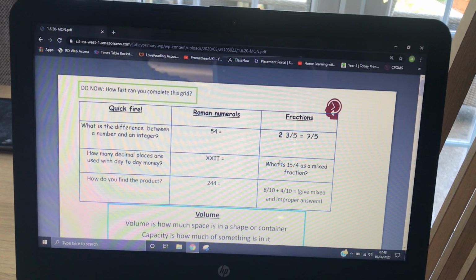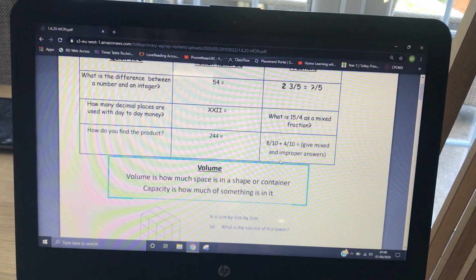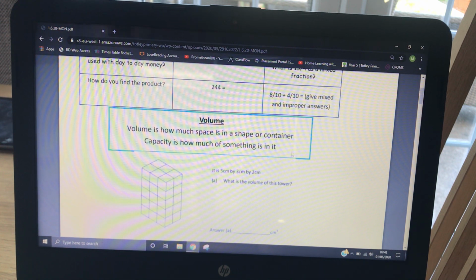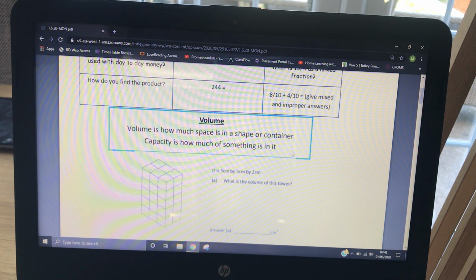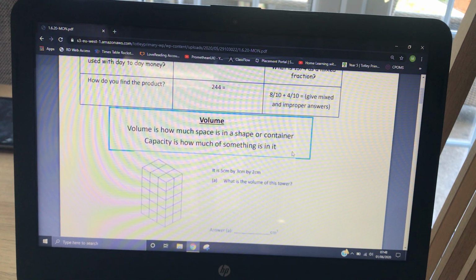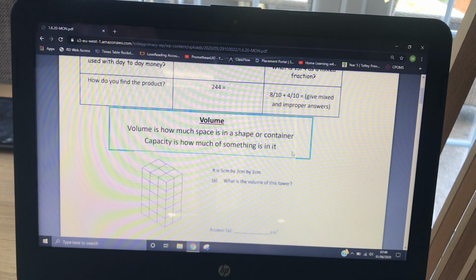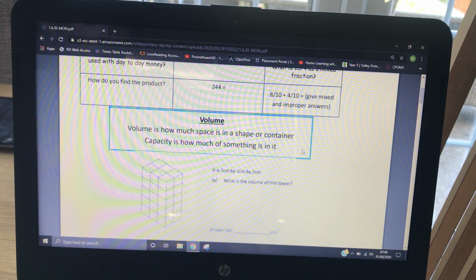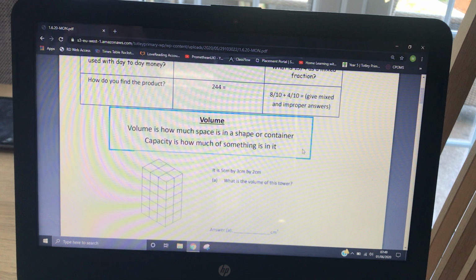Right, on to what we're doing this week. And it's something we've not looked at in school. It was the thing coming up after area and perimeter. But I have to say, it's that beautiful time of the school year where you should have all the skills and all the knowledge to be able to apply to different things. So volume is how much space is in a container, or how much it can take up, but it's in three dimensions.